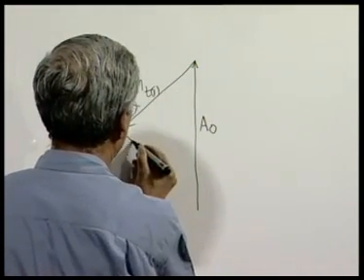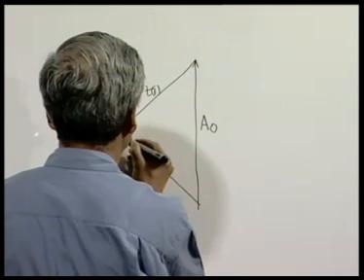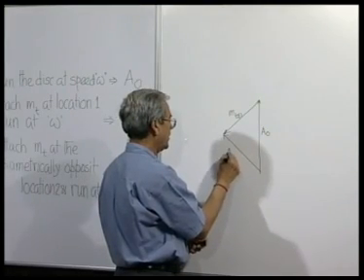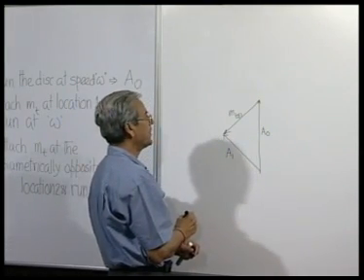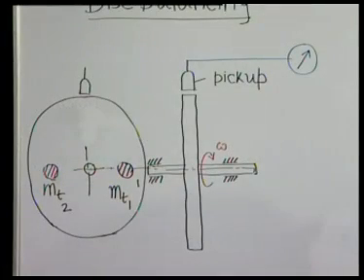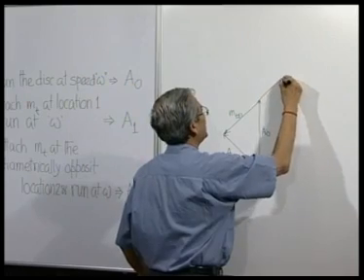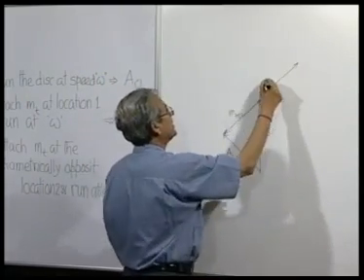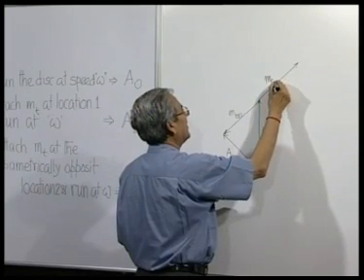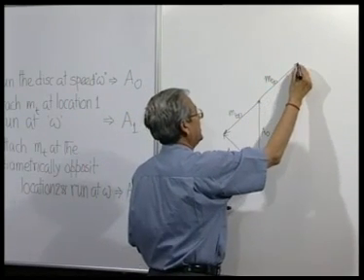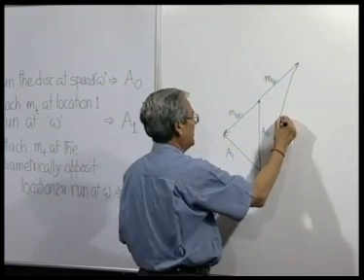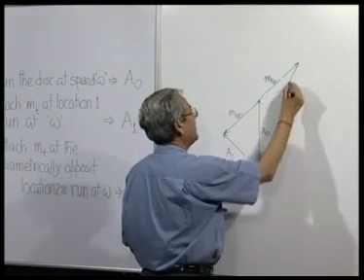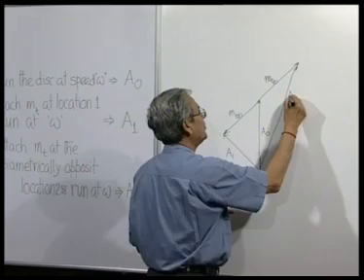Then A1 will be this. When we place it in the diametrically opposite position, then obviously the effect of the trial mass will have to be opposite to this, and A2 will be this.